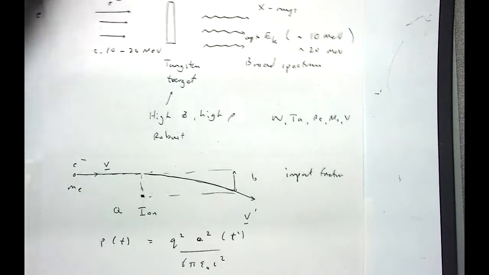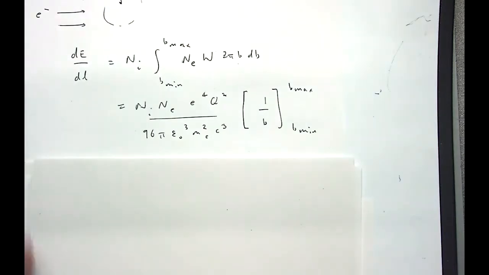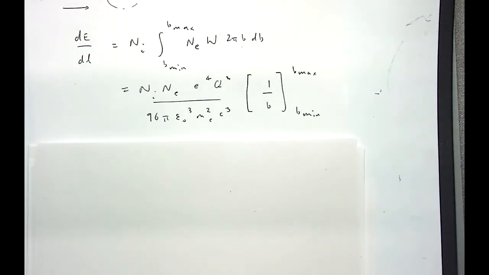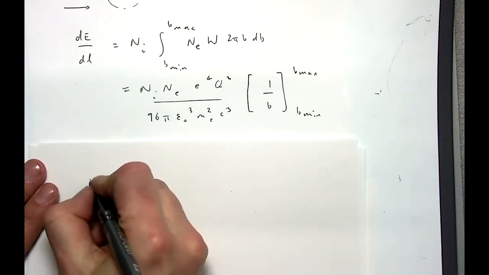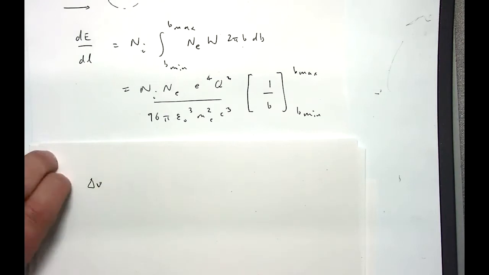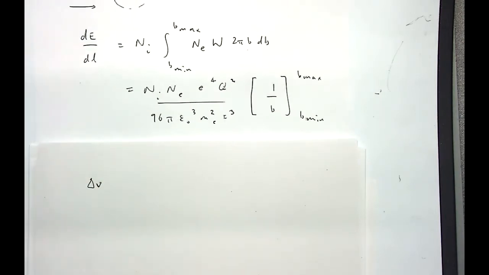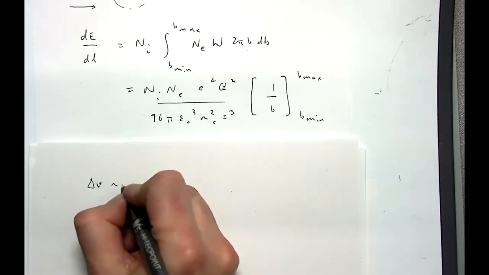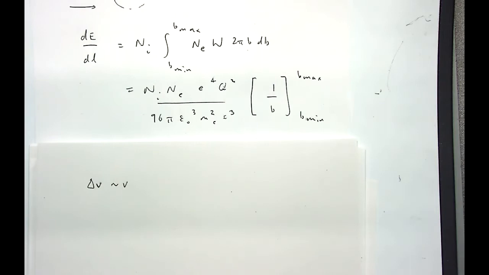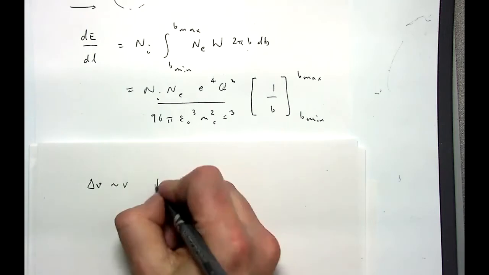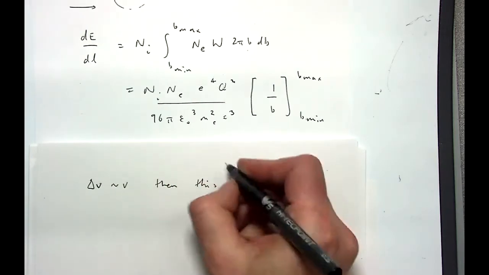So what we can do, and this is meant to illustrate how to get around this problem, is calculate what the size of the change delta V is, and say that the limit of validity on our calculation above is that it's only valid when delta V is much smaller than V, the initial velocity. So we want to calculate when delta V is of the order of V, and then this calculation is invalid.